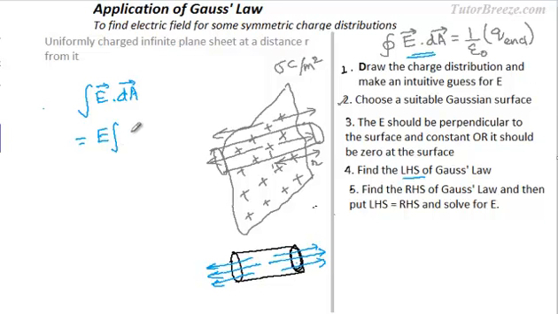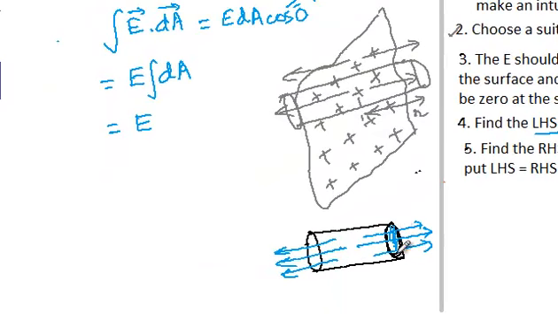This leaves us with integral E dA. This was equal to E dA cos 0, that is the dot product, and cos 0 is 1, so this gives us E integral dA. Now integral dA is the total area of this element, so this is A.